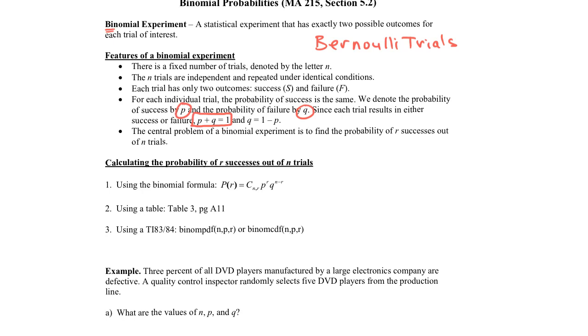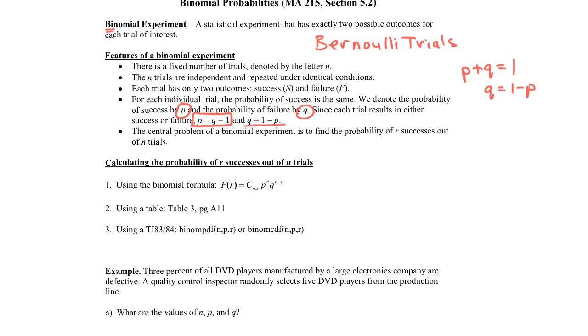If we add the probabilities of each of those outcomes, it has to be 1. So the probability of success plus the probability of failure, the only two things that can happen, equals 1. And if P plus Q equals 1, then Q equals 1 minus P.